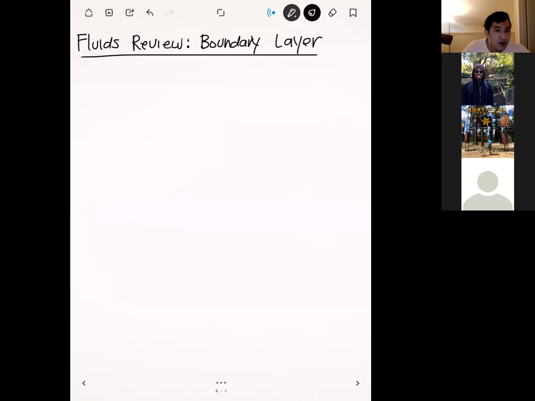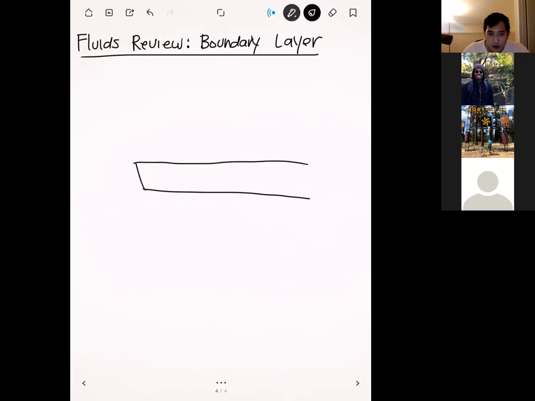The idea of the boundary layer comes from this. A lot of times in convection situations you have a fluid that flows over a surface. So let's draw that. Let's say that we have a fin that looks like this, where we have the leading edge of our fin out here.